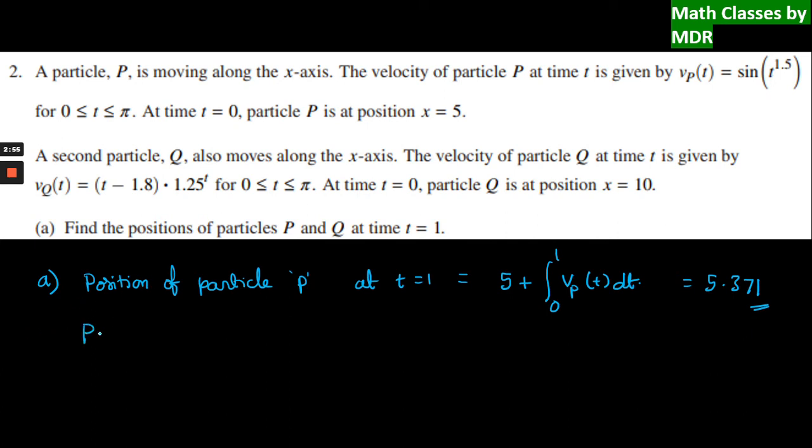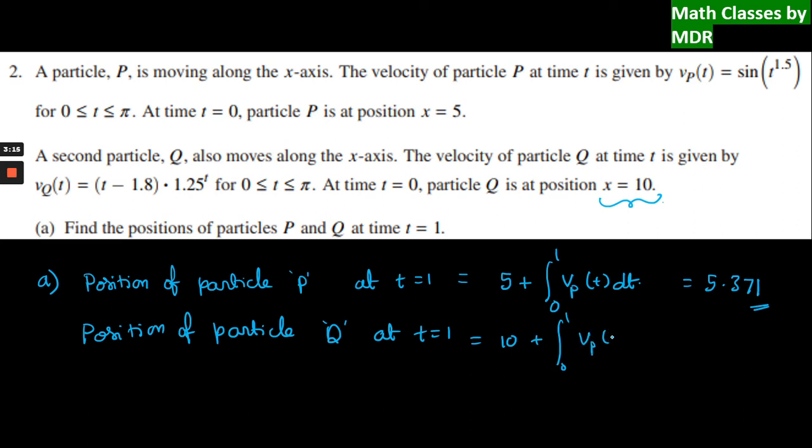Similarly, the position of particle Q at t = 1 is given by the initial position of Q, that is 10, plus the integral from 0 to 1 of vQ dt.